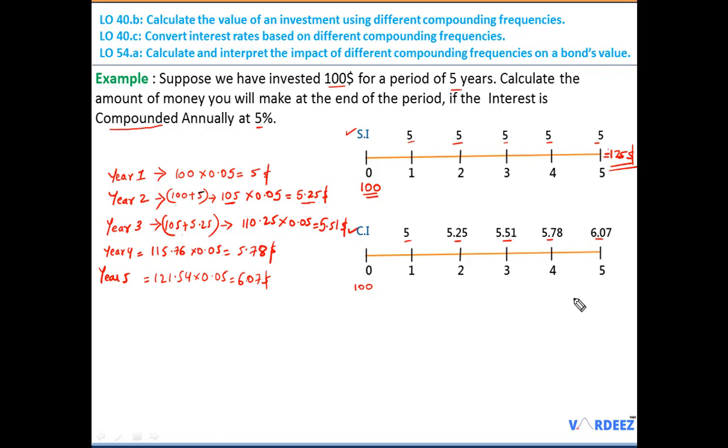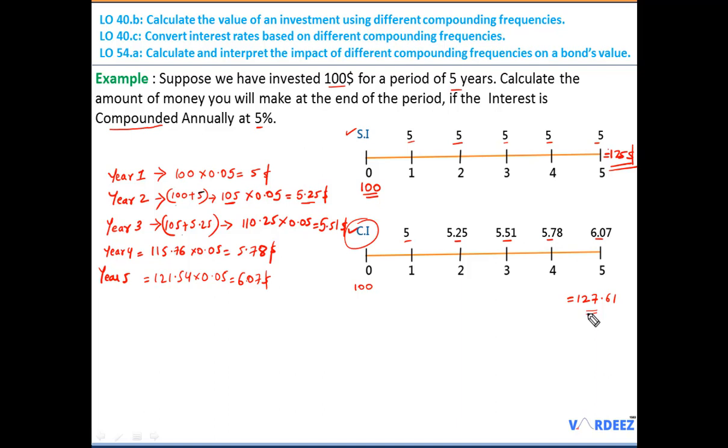At the end of the period we had a total amount of 127.61, roughly rounded off, as compared to $125. So it does make sense to invest in an investment that pays compounding interest, and we are able to get more money at the end of the period.